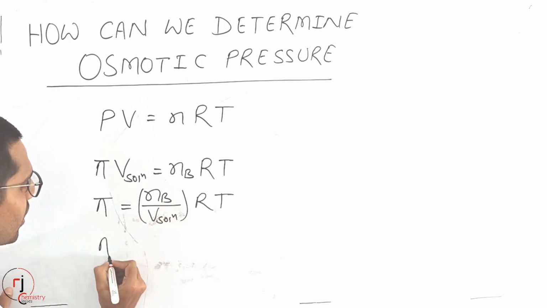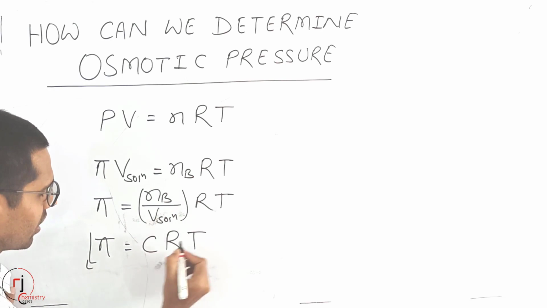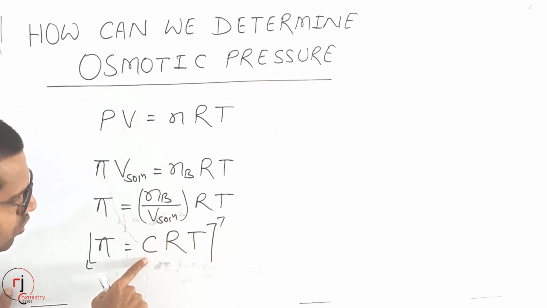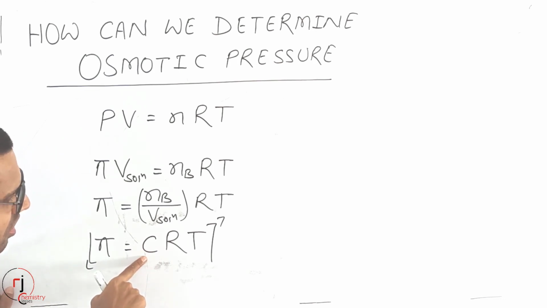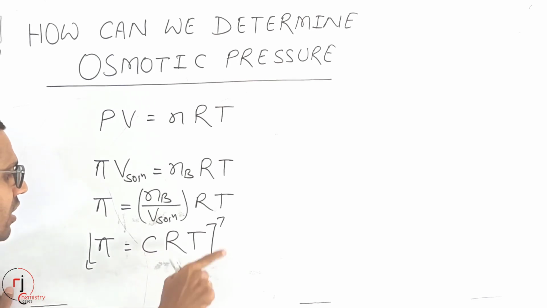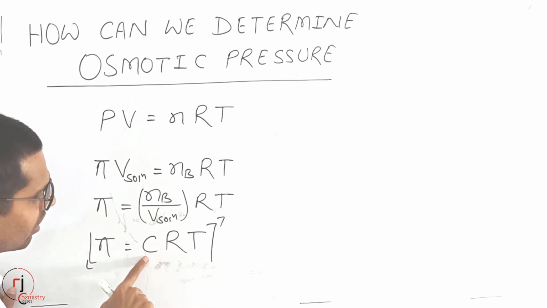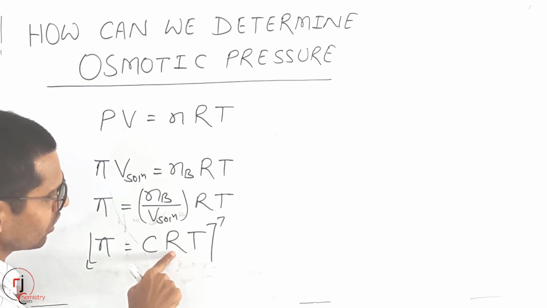This is another concentration term used in this equation. It can be written as C, and C is the molarity of solution. Here in this equation, pi is the osmotic pressure, which can be determined by multiplying C, the concentration of solution in molarity, into the gas constant.